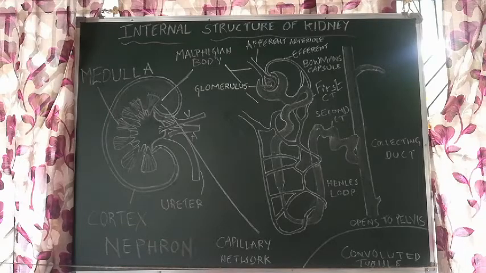Everything in the blood except blood cells comes out as primary urine. As this primary urine has many good things and waste products mixed up, in the proximal convoluted tubule reabsorption happens, means all the important things are reabsorbed like vitamins, minerals, water, 75% water, amino acids, they enter back into our body.